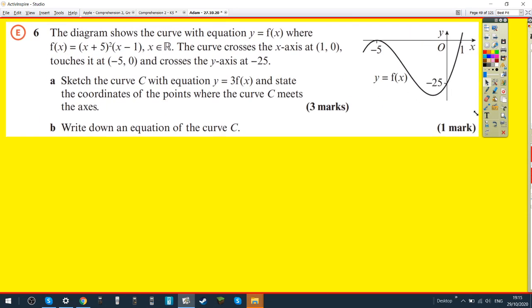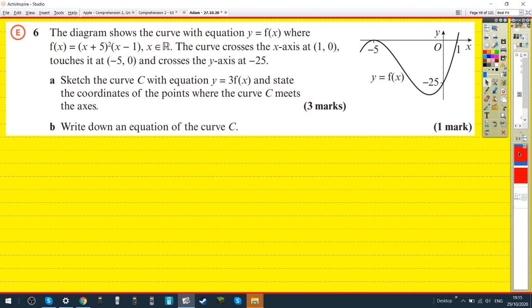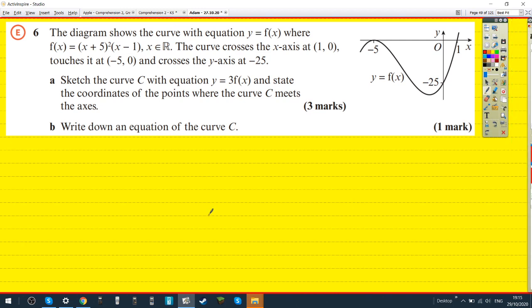Okay, how about this? When it says 3f of x, does it just mean multiply the y-axis by 3?